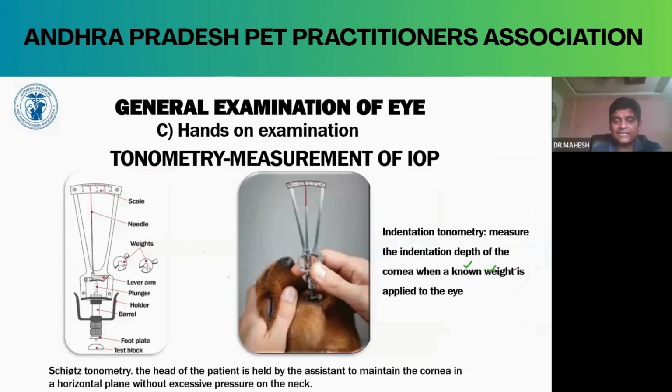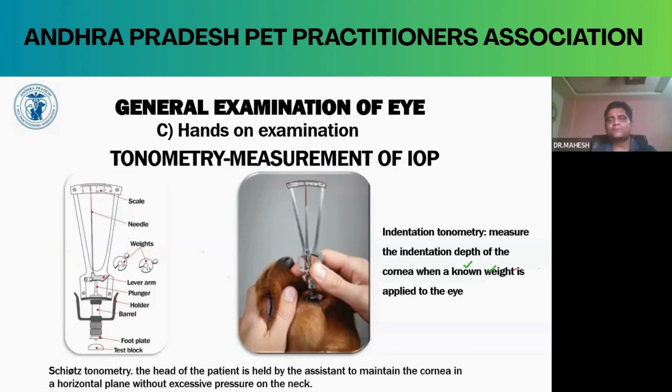In veterinary practice it is very, very difficult to use the Schiotz tonometry, because animals are not cooperative for it. We have to position the animal with the head uplifted, and you have to place the Schiotz tonometer exactly perpendicular to the eyeball, which is very, very difficult in our patients.